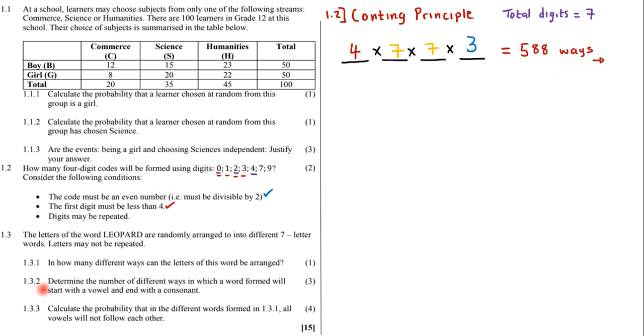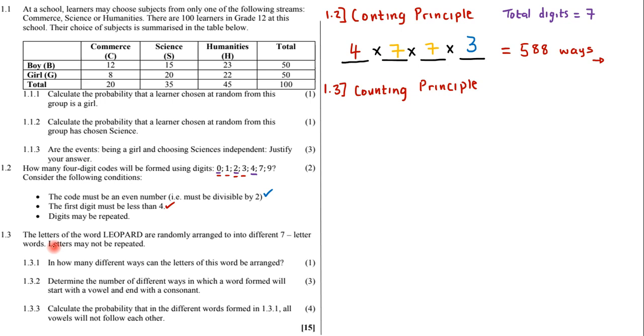Okay, so now let's move on to the final one, which is 1.3. I also like to call this one a counting principle, because we are still using the counting principle, but now we're focusing mainly on letters, right? So let's go ahead and read the instructions. The letters of the word leopard are randomly arranged into a different 7-letter word.